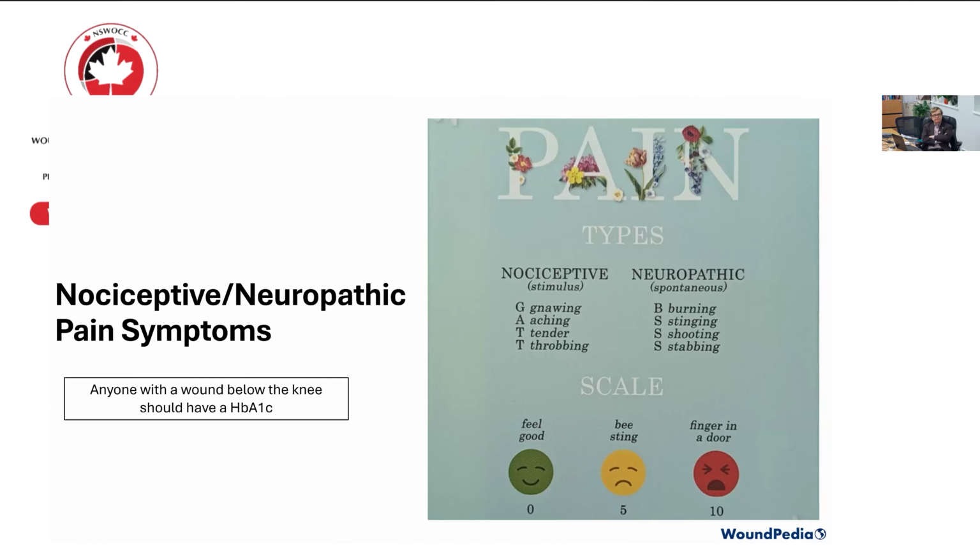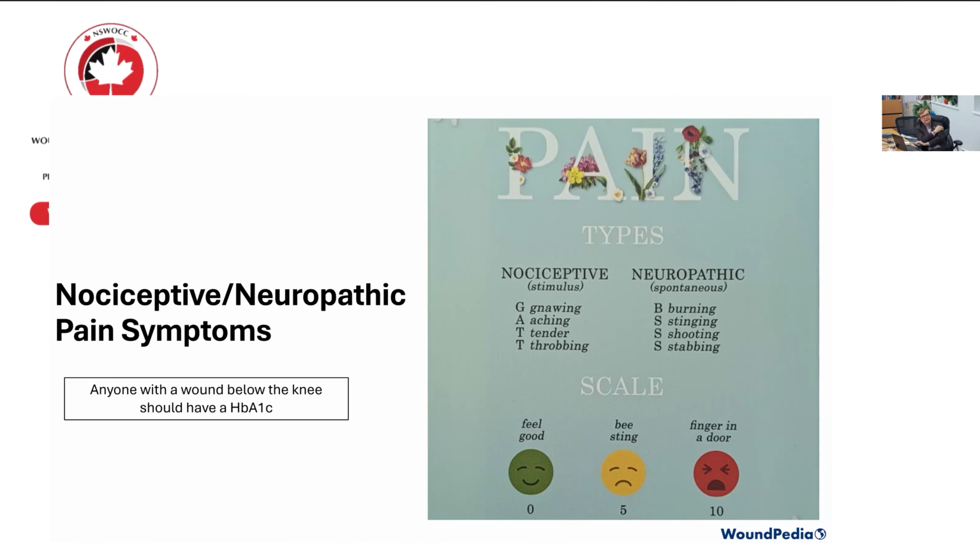Neuropathic pain is really burning, stinging, shooting, and stabbing. This is where we use the gabapentinoids, so Lyrica, or we use Neurontin as first line. We might use a tricyclic like nortriptyline as second line. And third line might be SSRIs, so antidepressants.